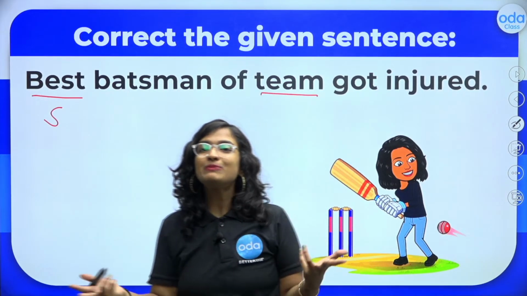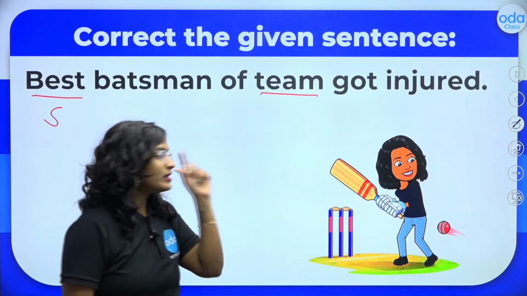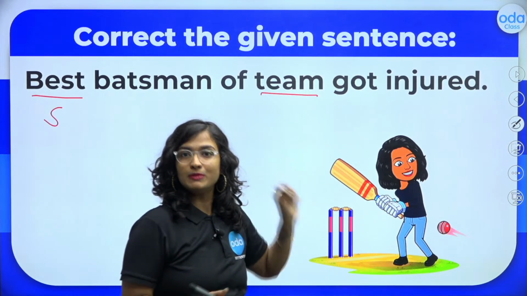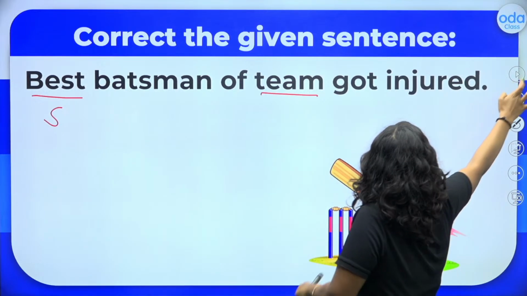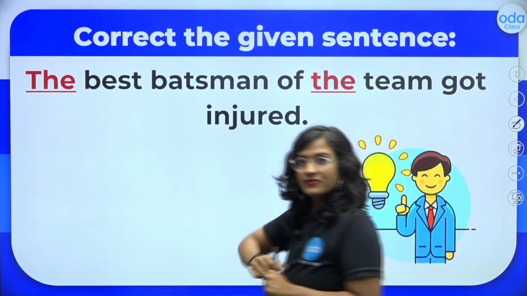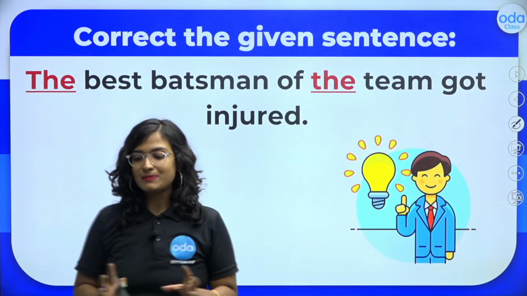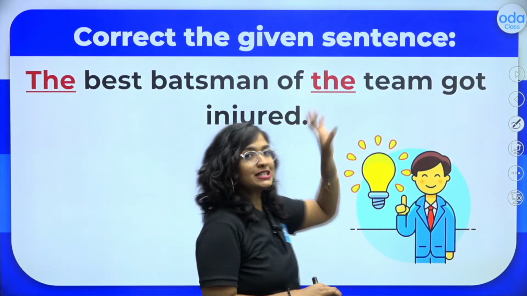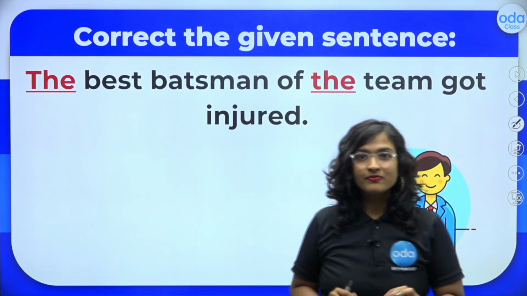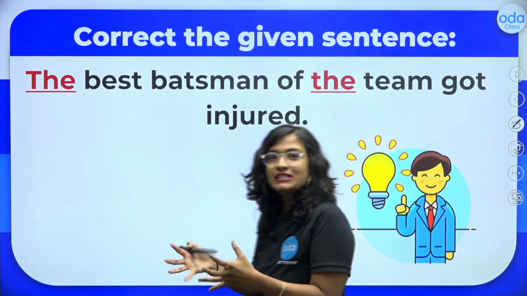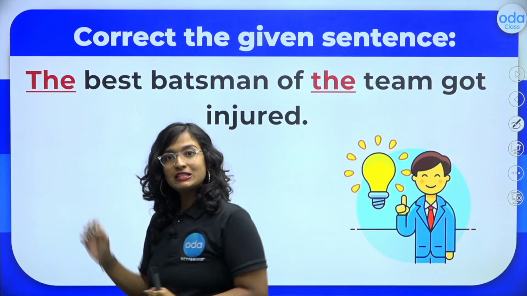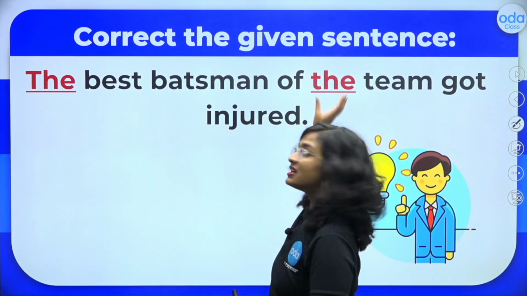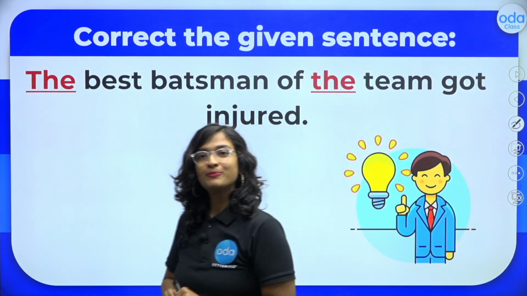Of what team, students? Right? We need to add some kind of a determiner here. Now, because we are working with articles, we will use our article the here as well. So, we will say the best batsman of the team got injured. Because we are referring to one specific team, correct? We are referring to the best batsman of the one specific team.